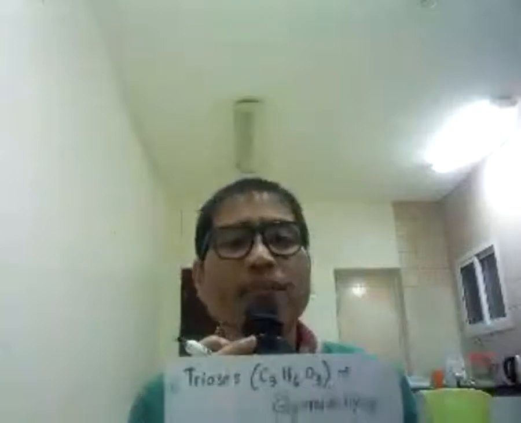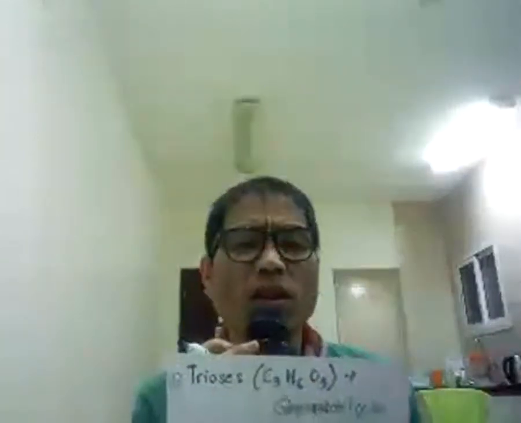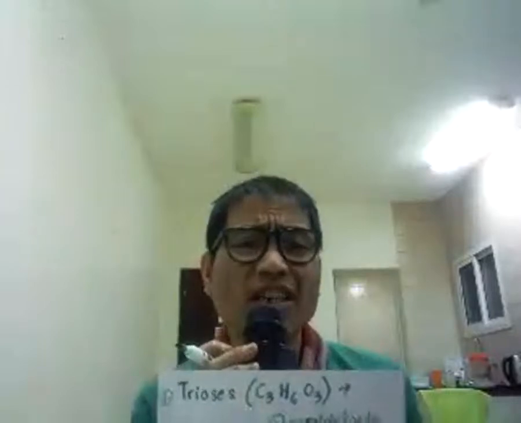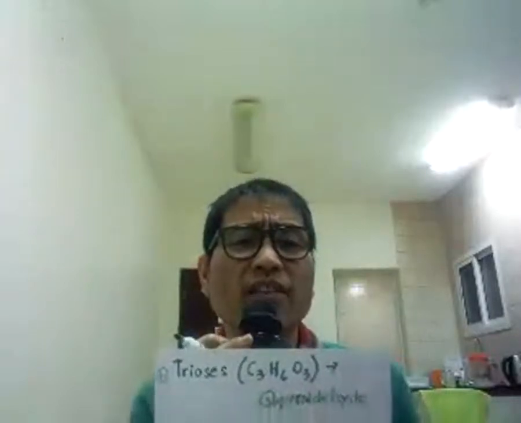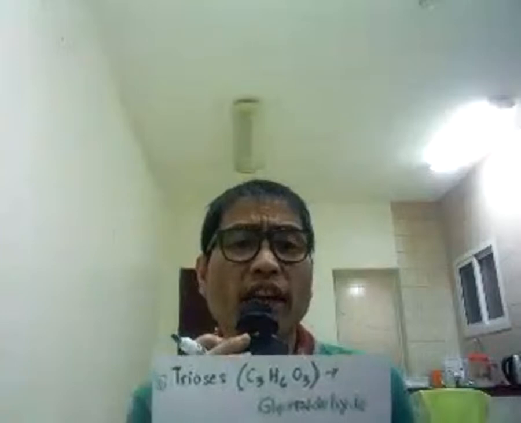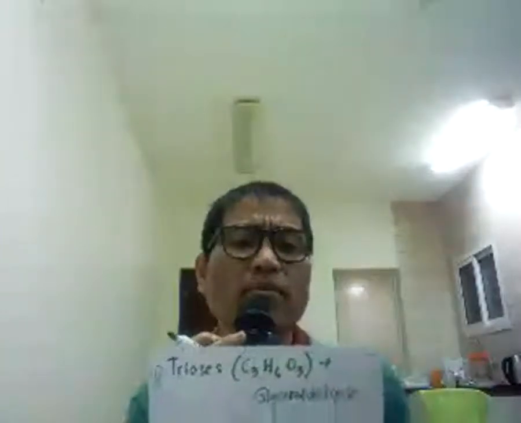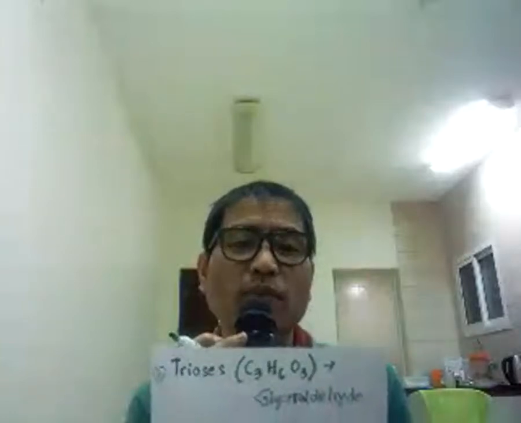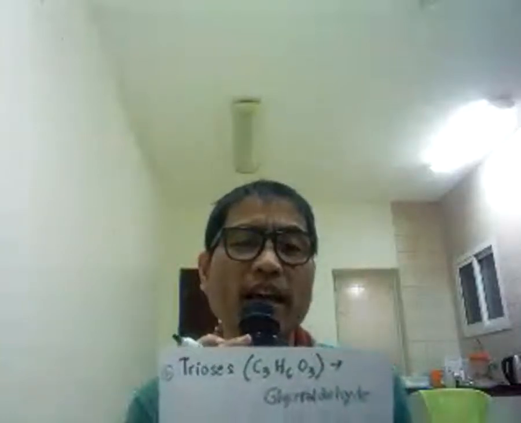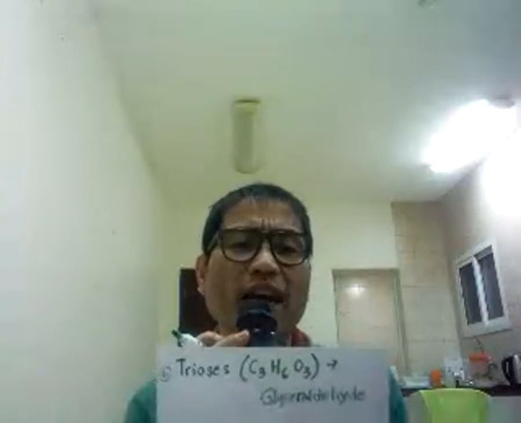Glyceraldehyde. It is the same with glycerol, but glycerol is just a sugar alcohol. It ends in OH. But the same principle applies, there are three carbon atoms. If we speak about glyceraldehyde and glycerol, so three carbon atoms. But glycerol is just an alcohol, a sugar alcohol.